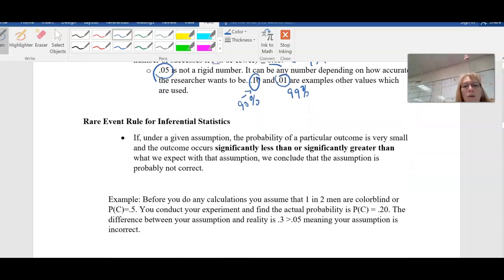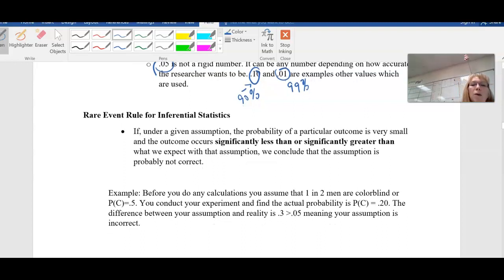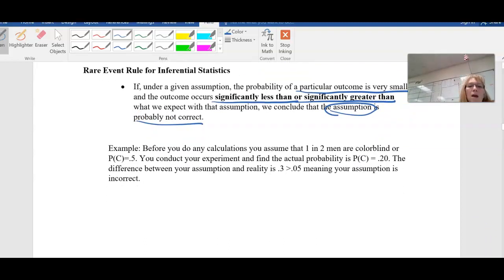Rare event: under an assumption, the probability of a particular outcome is very small. Okay, if it occurs significantly less or significantly greater than what we expect, we conclude that the assumption is wrong, just like before, if it's not doing what we think. Okay, you assume that 1 in 2 men are colorblind. This is your assumption, so you're assuming a 0.5 probability of colorblindness.